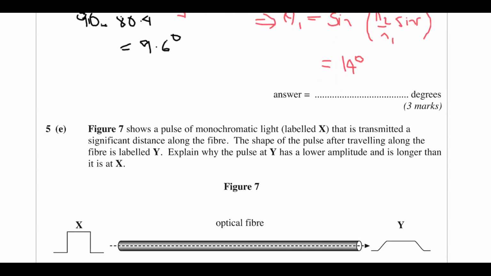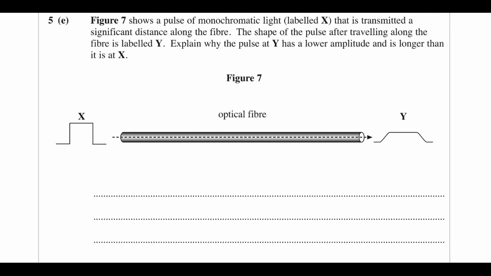Okay, so we've got a pulse being sent through an optical fibre, and you can see it's coming out very differently, and it wants us to explain why the pulse has a lower amplitude and is longer than it is at x.